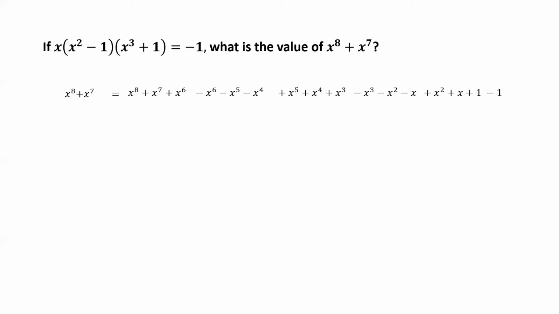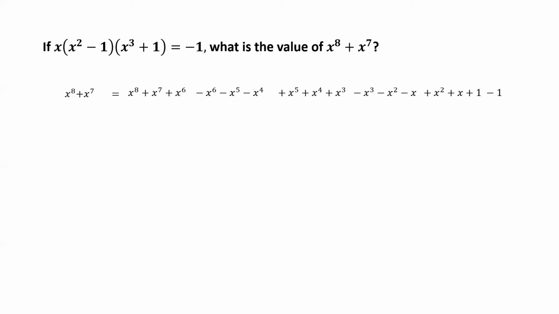While I'm subtracting, I also add negative x to the power 5 and negative x to the power 4, so I maintain the same order of descending exponents of x. And then I have to add back x to the power 5 and x to the power 4 to maintain parity. And again, to maintain the descending order, I add x cubed.